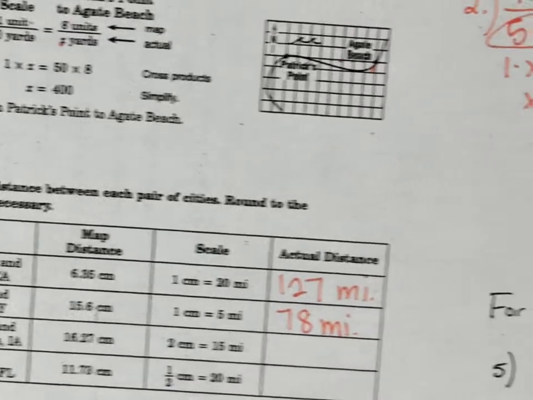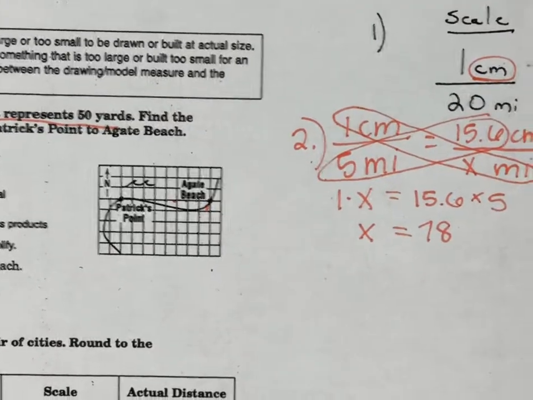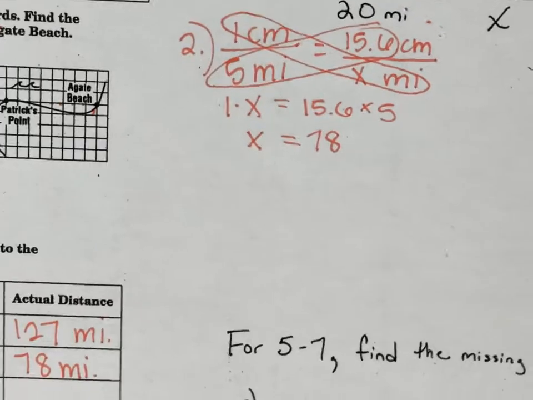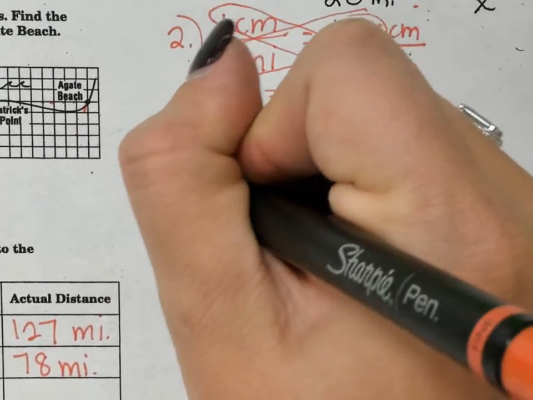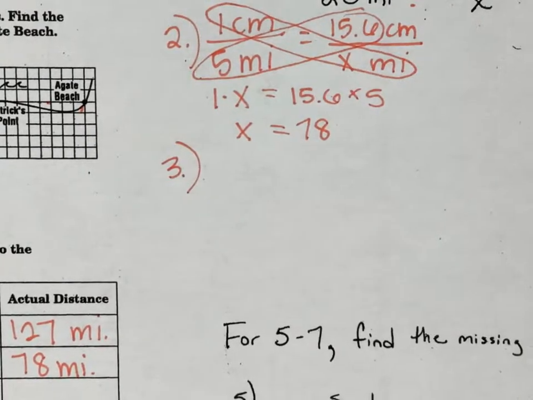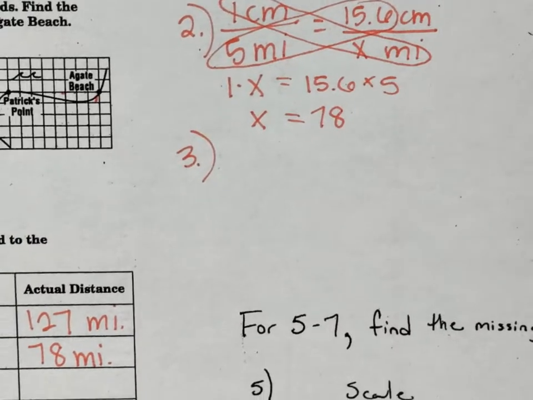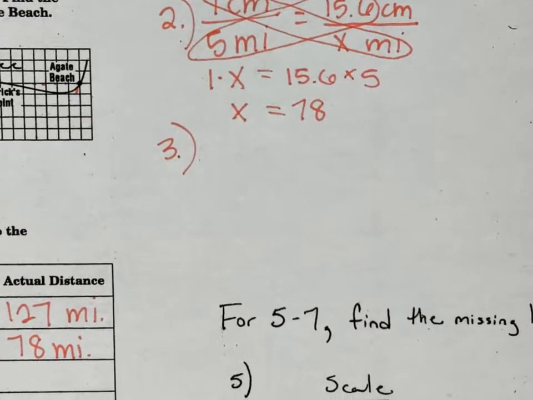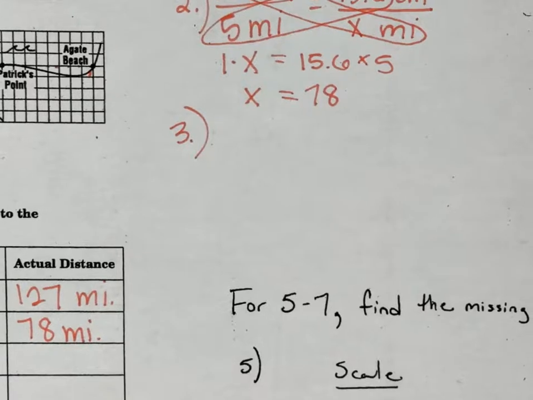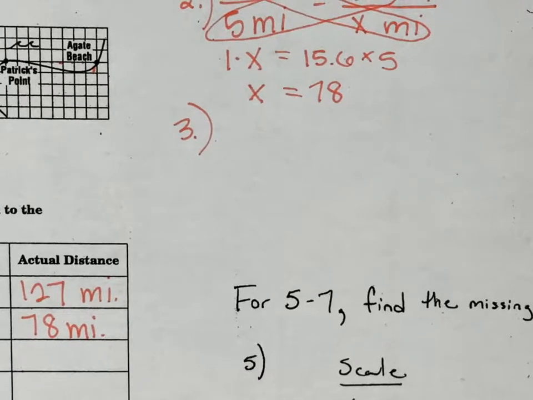All right, so number 3, I've got to do the same thing. I've got to set up a proportion in order to find the actual distance between those two cities. So somebody raise your hand and tell me how to write my proportion.